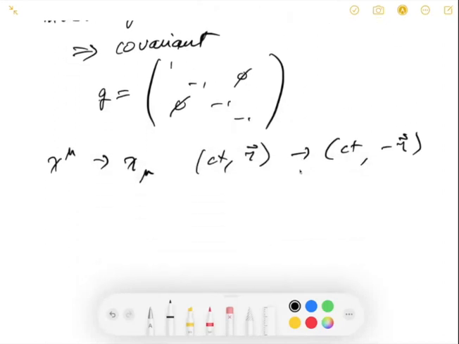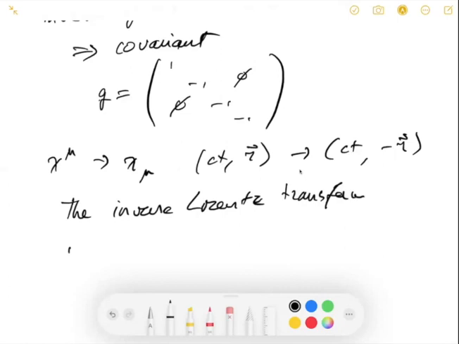Okay, so does that translate to having the inverse of the Lorentz transform? Why, yes, it does, because we know that the inverse Lorentz transform is simply changing v to minus v, which is basically the same as flipping the spatial part, right?